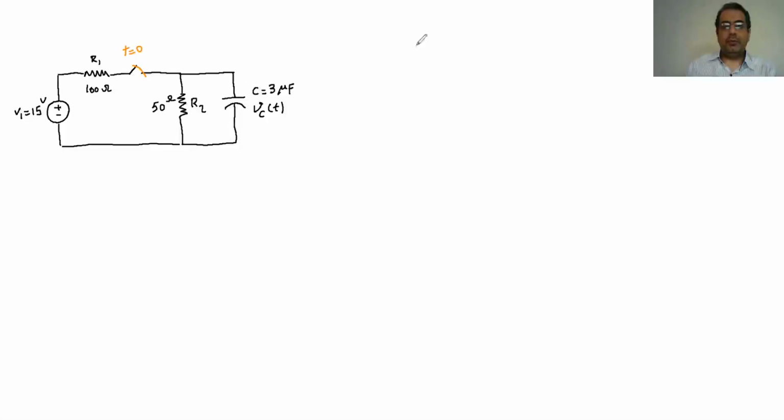So to do that, what we had previously is that we learned how we can charge the capacitor through a single resistance. So we have to somehow change this circuit to have only a single resistance, and then we can use whatever method we used up to this point.